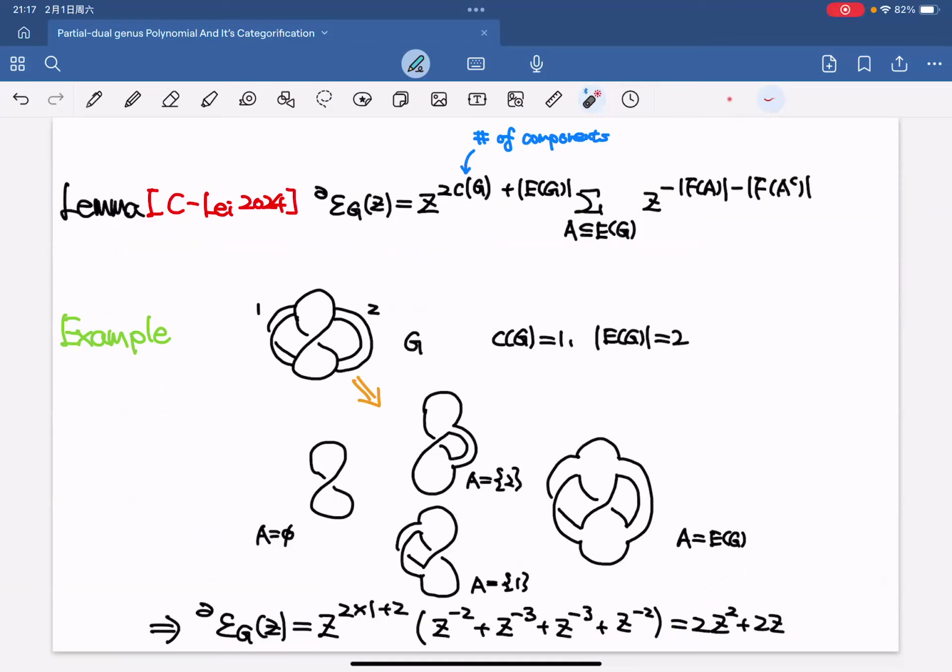Our first very simple result is that we can rewrite the definition of this polynomial.